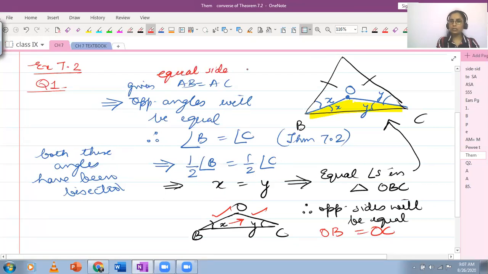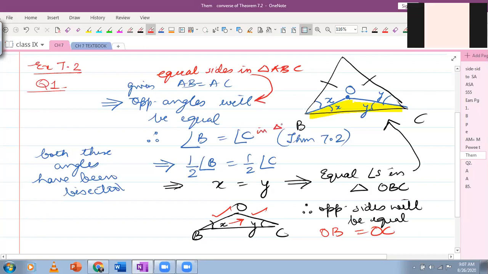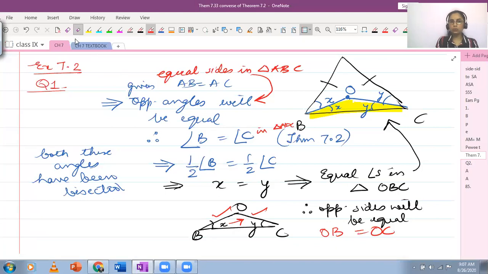We started with equal sides in the main triangle and then the opposite angles became equal in the main triangle. From the main triangle, we have now derived that their halves will be equal. But these halves are part of this smaller triangle. So if in this smaller triangle these two angles are equal, the opposite sides will also be equal.